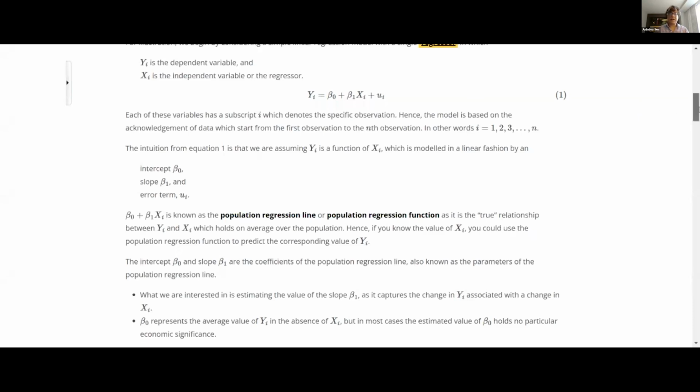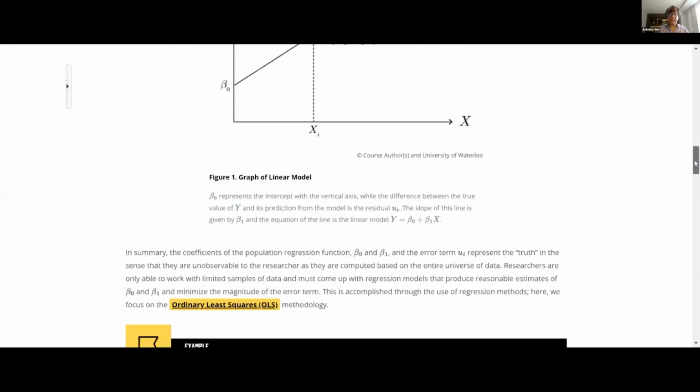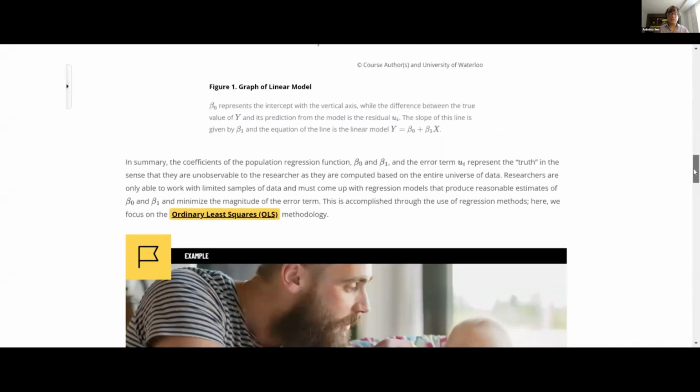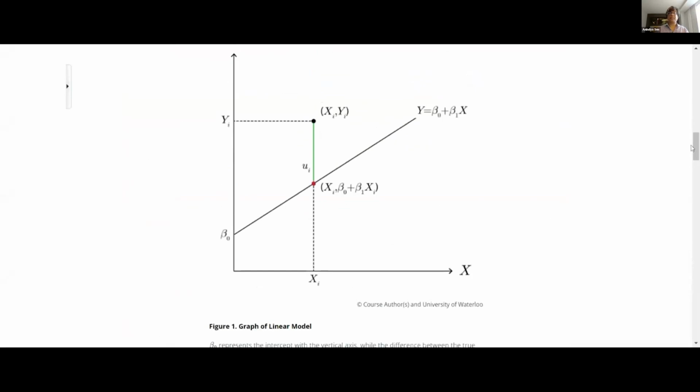The big picture is that we're going to use something called ordinary least squares. That's basically the way we get an estimate of the coefficient beta. When you think of it, it's a straight line.